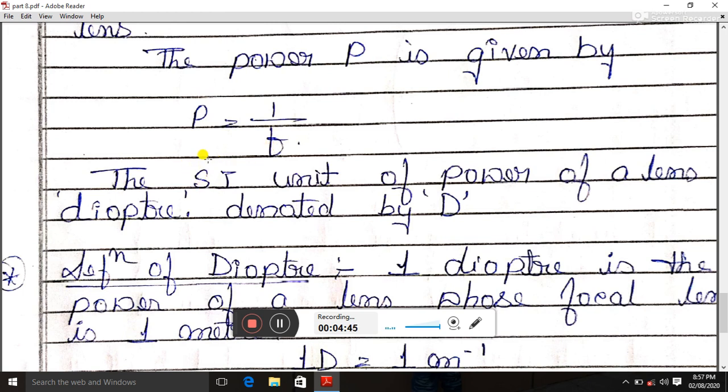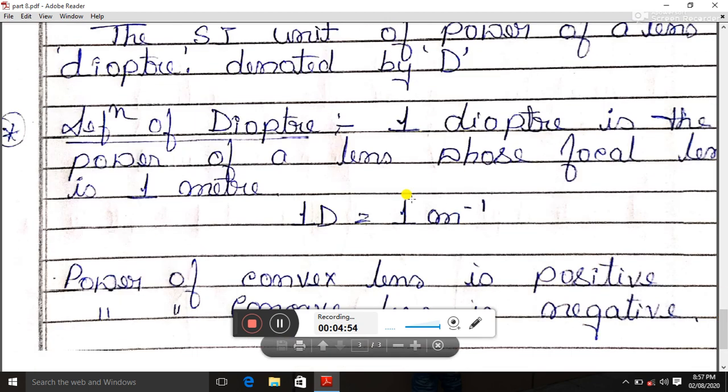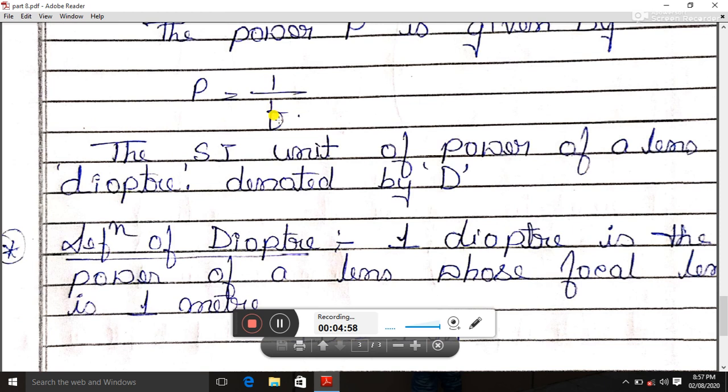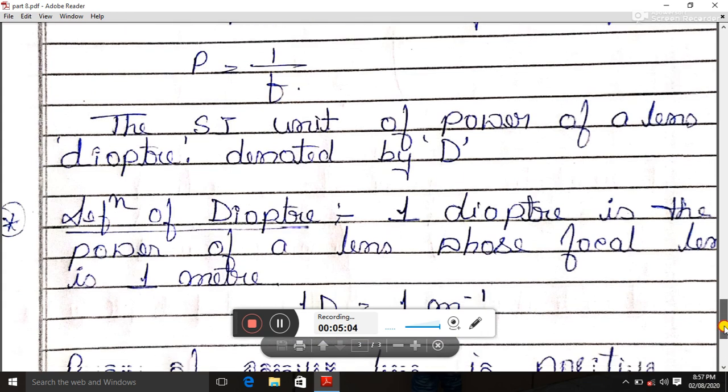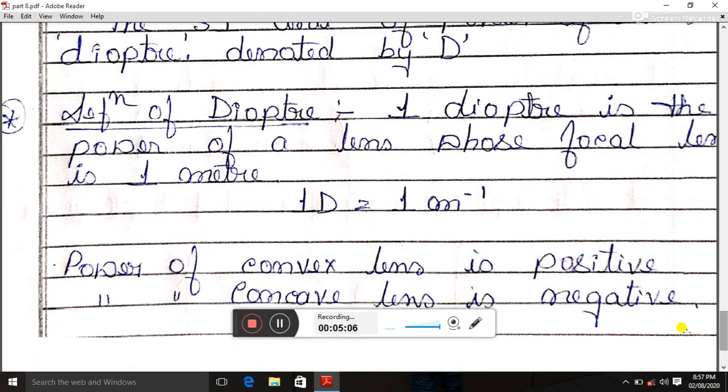The SI unit of power of a lens is the diopter, denoted by D. By looking at the formula P = 1/f, f is a length, or focal length. The unit of length is the meter. Since f is in the denominator, the unit is meter inverse.